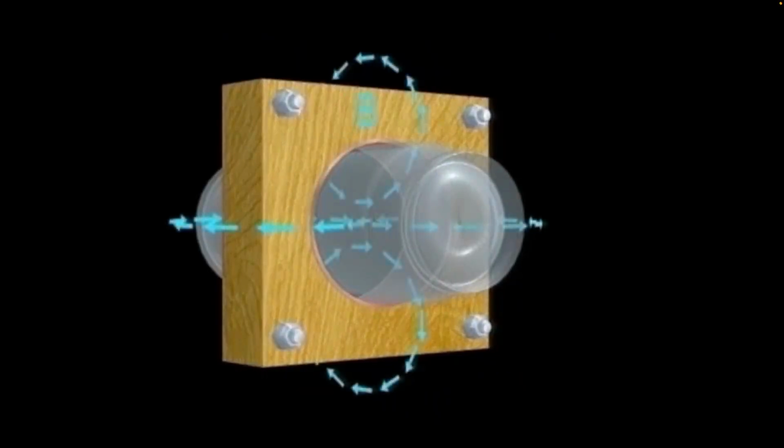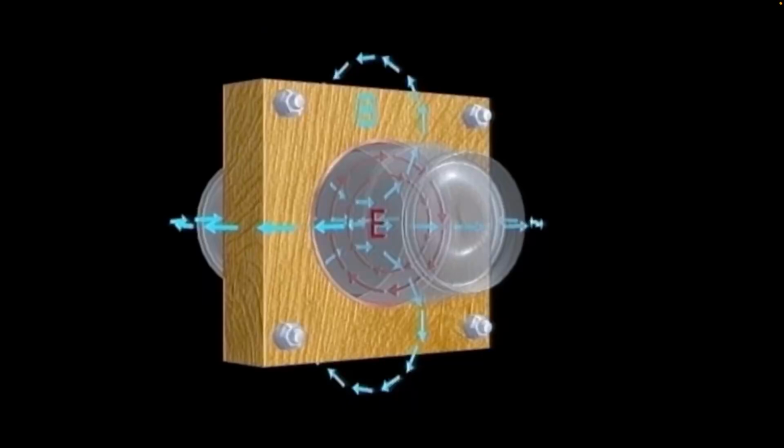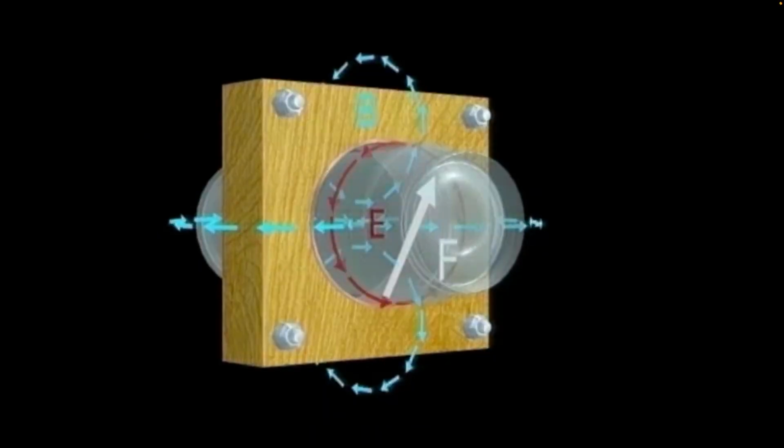As the current increases, it produces a magnetic field, which also increases rapidly with time. The rapidly increasing magnetic field induces an electric field circling the axis of the coil. This electric field produces a large electron current in the aluminum can. The electrons circulating around the can in the magnetic field experience a magnetic force directed primarily radially inward, but with a smaller component directed outward along the axis of the can.